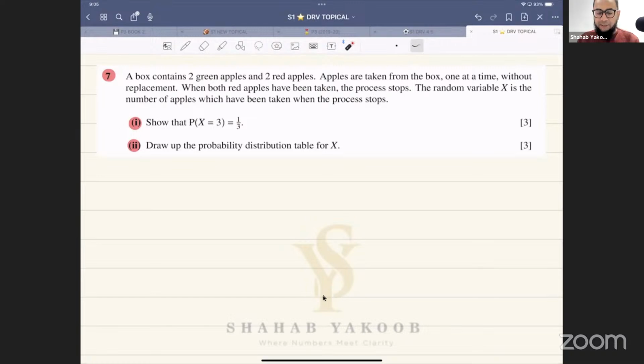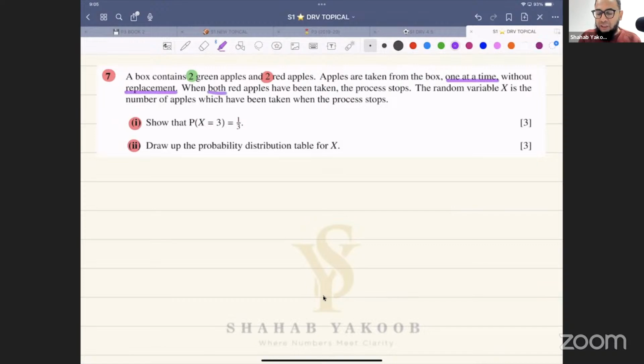And we are starting with this chapter with this particular question that says that a box contains 2 green apples and 2 red apples. Apples are taken from the box one at a time, without replacement. That is the key word.